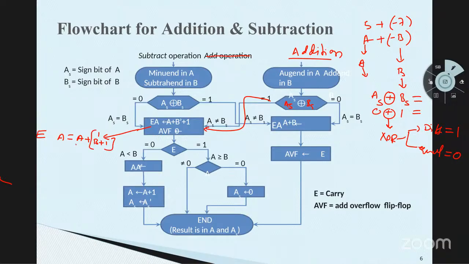A is the original value, B bar plus 1, and the result is stored in A. And if any extra bit is generated, that is the E, and that is stored in E, similar to the previous example. Now you can check whether carry is 0 or carry is 1. If carry is 1, the result is positive. E equal to 1 means the result is positive, and E equal to 0 means the result is negative. So what is the value in this case?